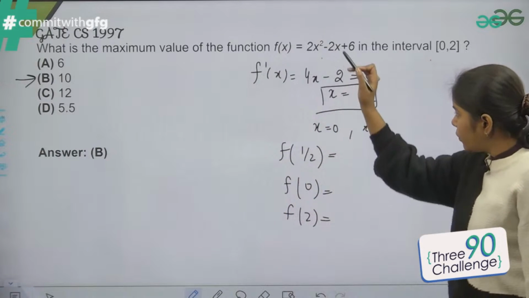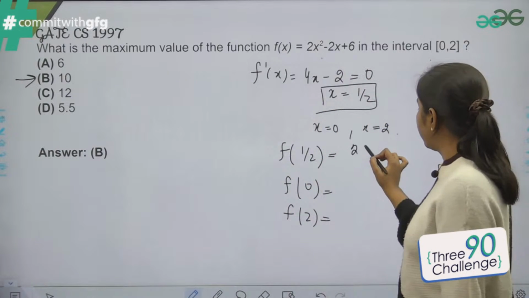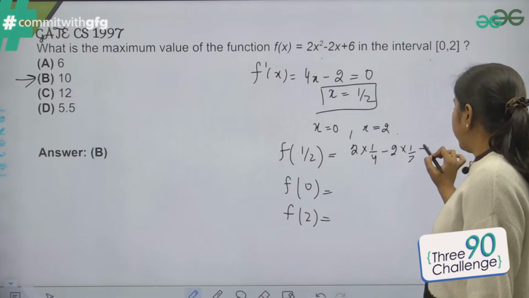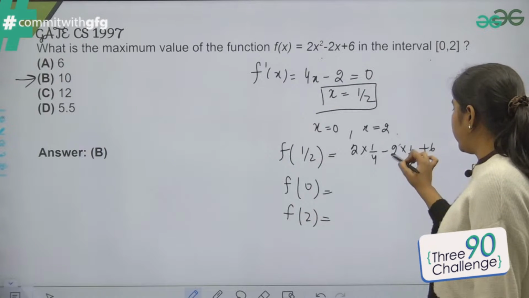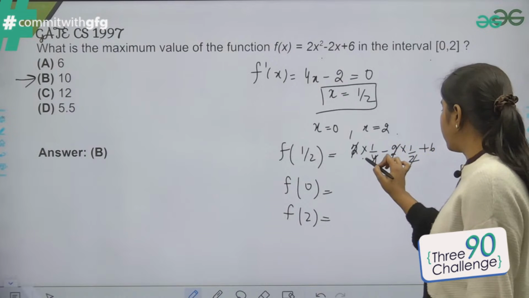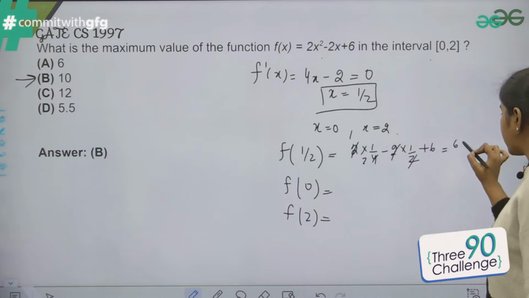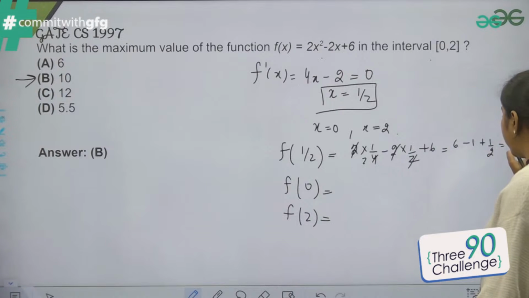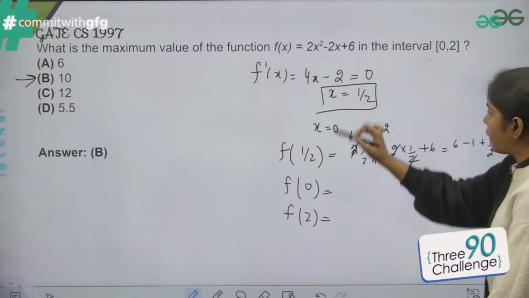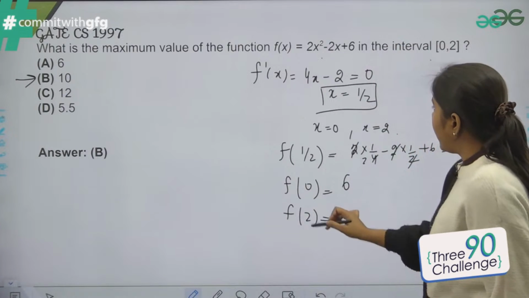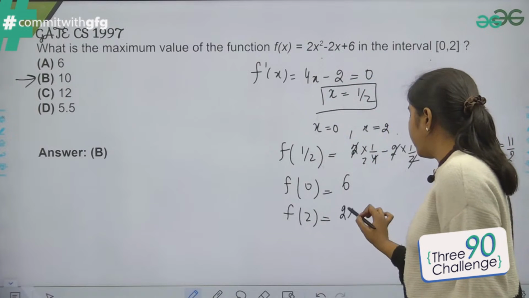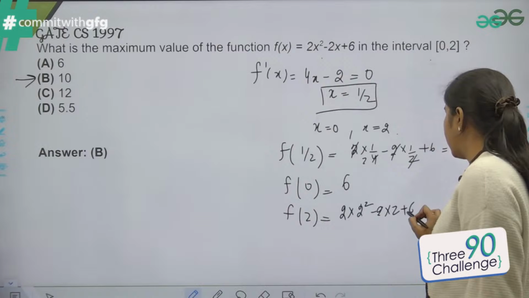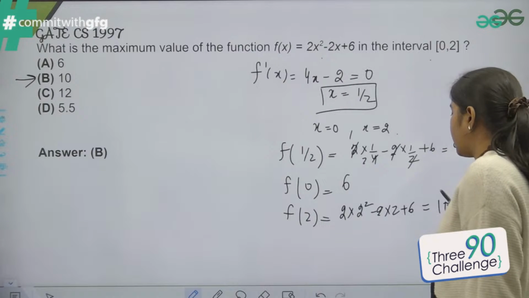So let's put 1 by 2 here: 2 into 1 by 4 minus 2 into 1 by 2 plus 6. The 2 and 2 cancel, and 2 twos are 4, so 6 minus 1 plus 1 by 2, that means 5 plus 1 by 2, which gives 11 by 2. F of 0 is 6, and f of 2 is 2 into 2 square minus 2 into 2 plus 6, which gives 10.